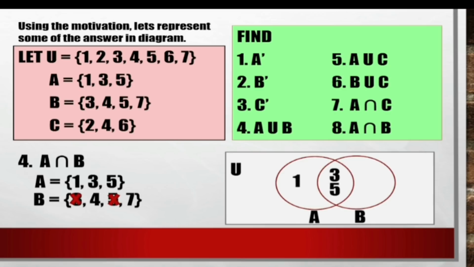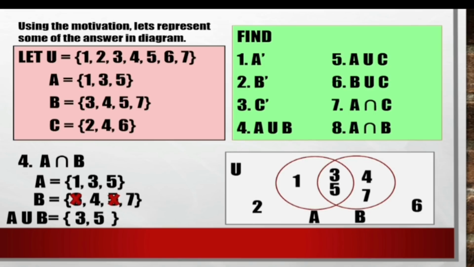And for set A, what is left is 1. For set B, we have 4 and 7. Also notice that we have 2 and 6. These elements are not in both sets, but they are in the universal set. So to get A intersection B, our answer here will be 3 and 5.